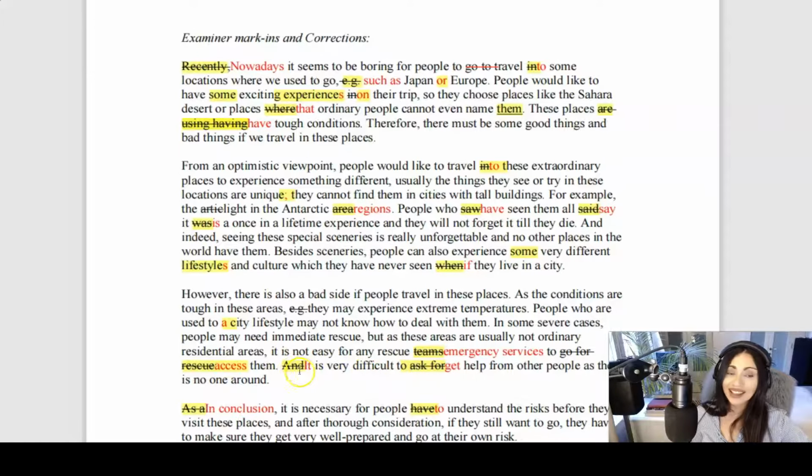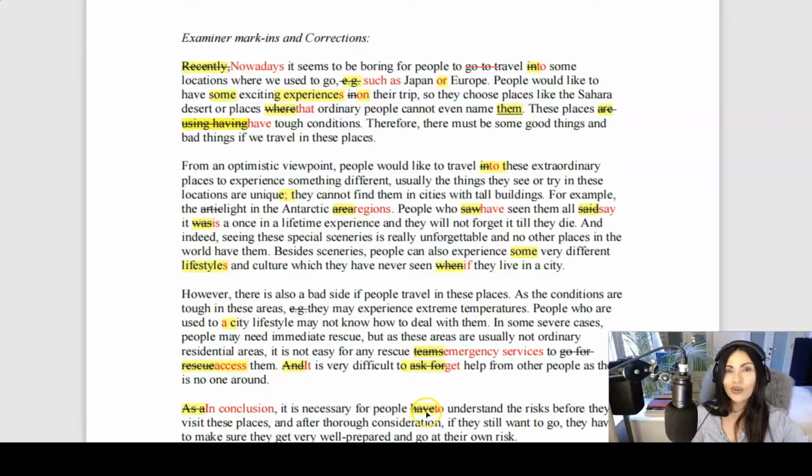Okay, we don't start sentences in formal or semi-formal English with and. We usually leave that for informal English or text messaging if you're writing. You ask for help is not the same as you get help, and that is what the candidate meant to write here. It's difficult to get help from people. It's not as difficult to ask for help. And to conclude, or in conclusion, but not as a conclusion, your conclusion is important.